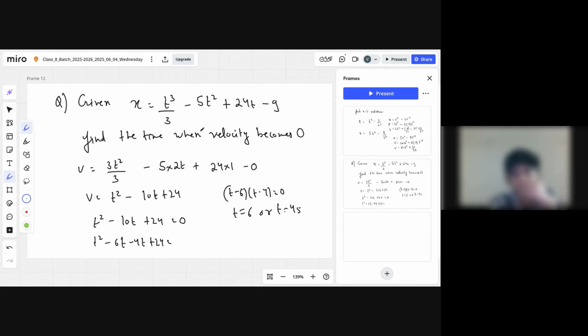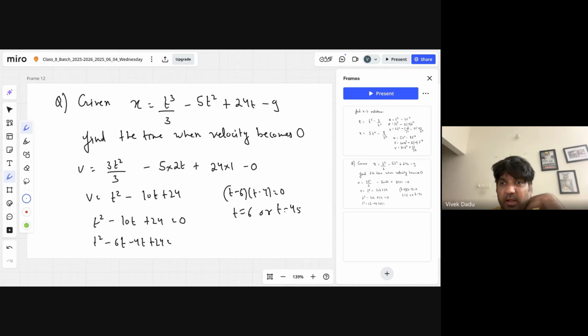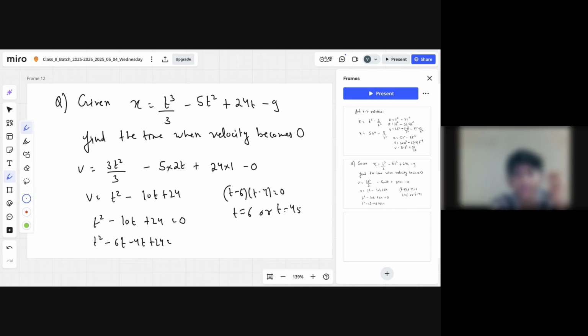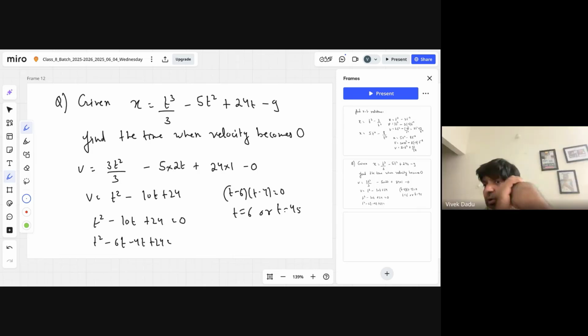Sir, when you factor, according to the formula, t cube will become 3t square. Then why can't you simplify t square? There's too much noise in the background. I can't understand what you're saying. Why will you do it 2 times?